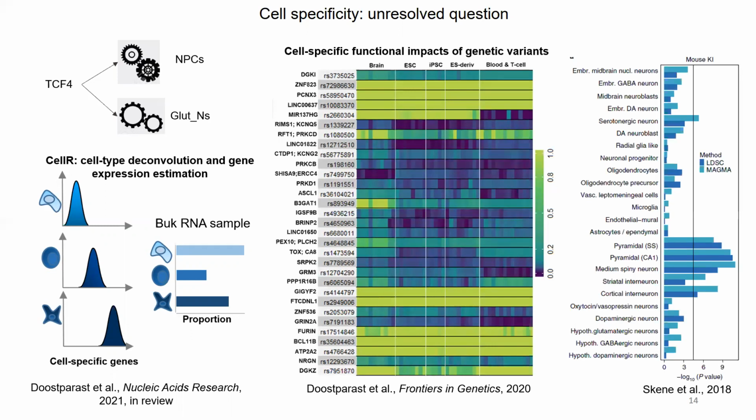In addition to all these, a very valuable study by Skene and colleagues shows that schizophrenia common variants predominantly enrich for specific cells, including pyramidal and medium spiny neurons, while not being enriched for other neuronal and non-neuronal cells.